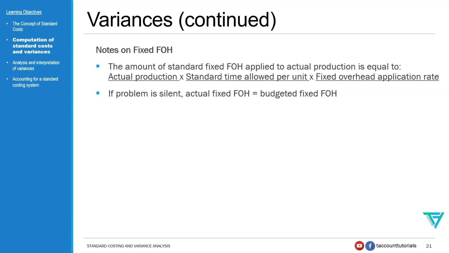That is when you can actually assume that the actual is equal to the budgeted, right? So in that case, you won't have any fixed spending variance. Okay.